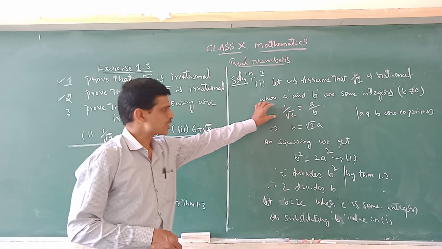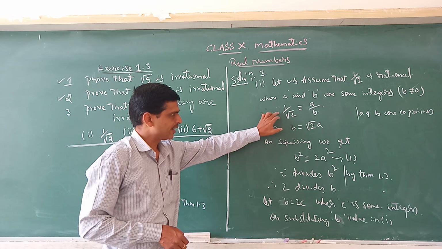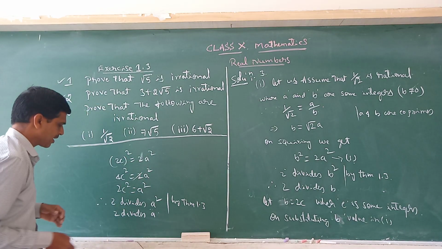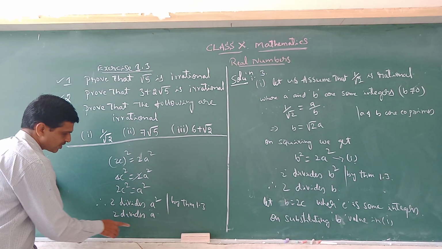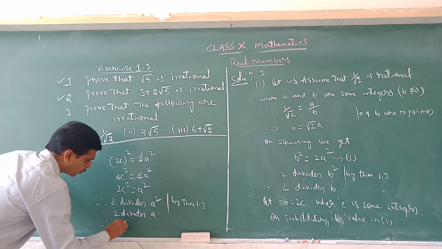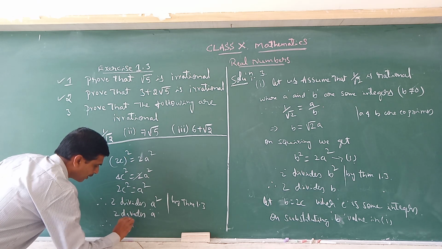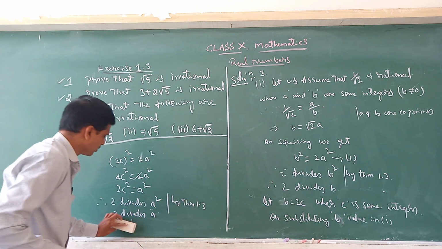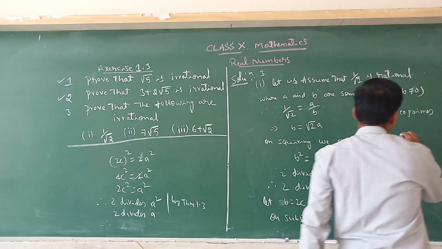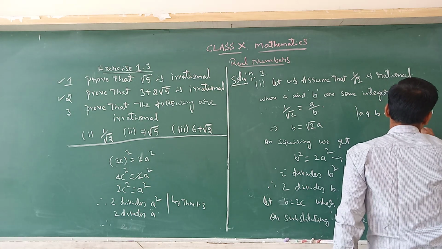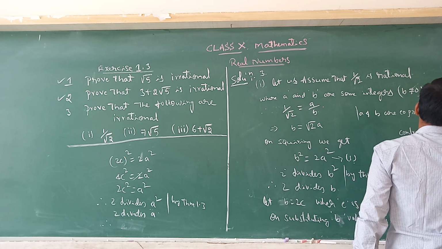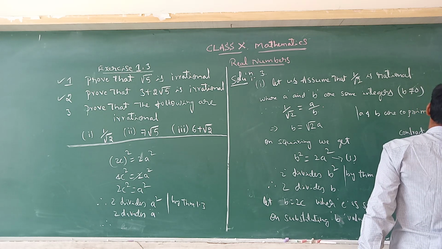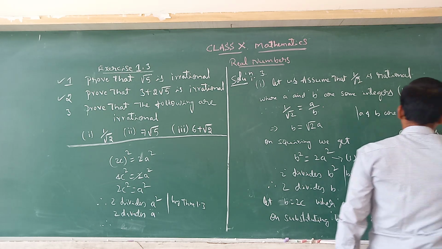Hence, if you express it in this form or some other form, our assumption is wrong. That is why 1 by root 2 contradicts our assumption.